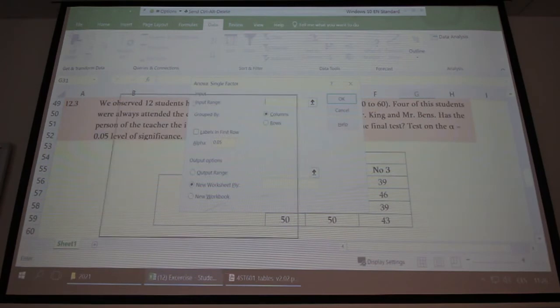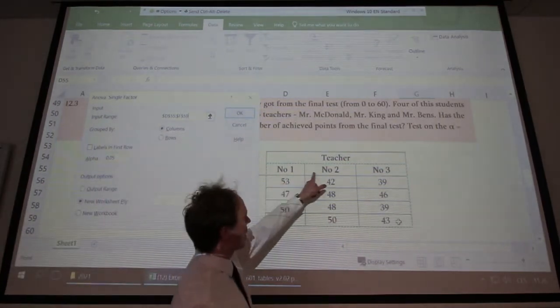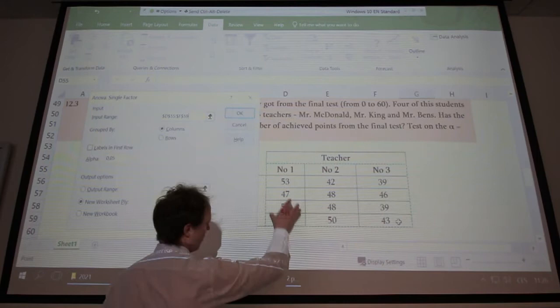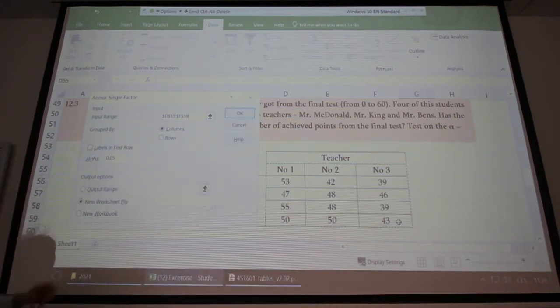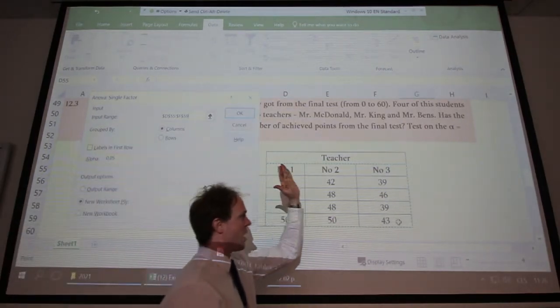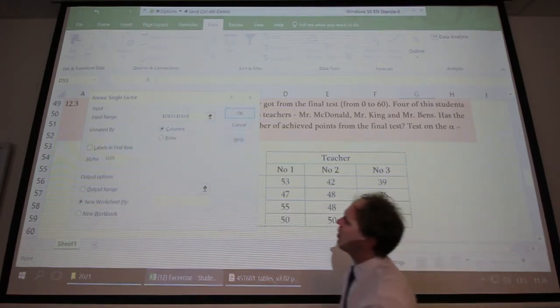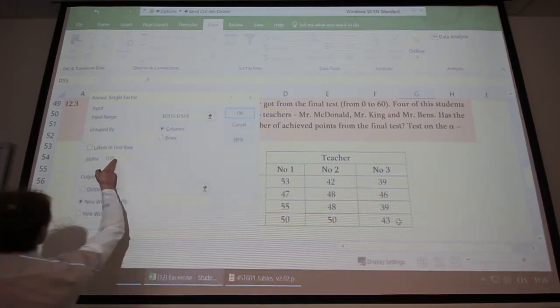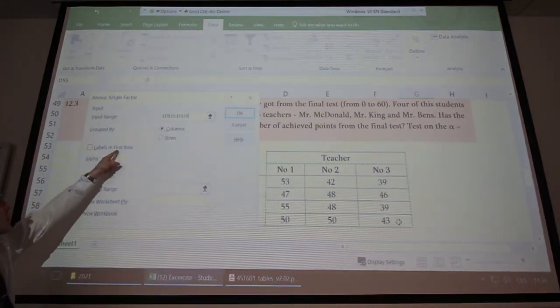Input range, I will select these three columns, number 1, number 2, number 3, and the values. So this is my input range, grouped by columns, because I have this grouped by columns, and alpha is 0.05, 5% significance level. Very important, I have labels in first row.